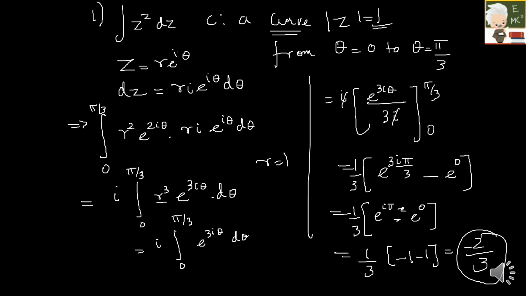So let us see one more example. For this sum, I will take a little bit complicated sum. I will give two tasks after this. So here our second question is evaluate closed integral z by z bar dz along the given contour. Actually they have given a figure.